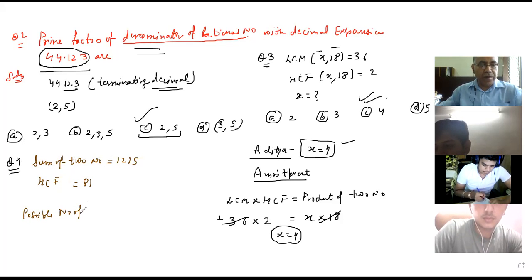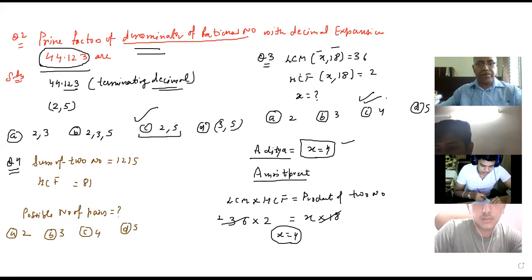Possible number of pairs you have to find out. The answers are A 2, B 3, C 4, D 5.